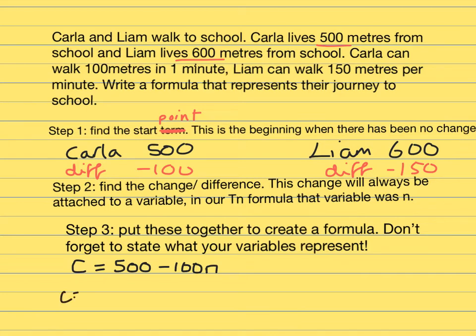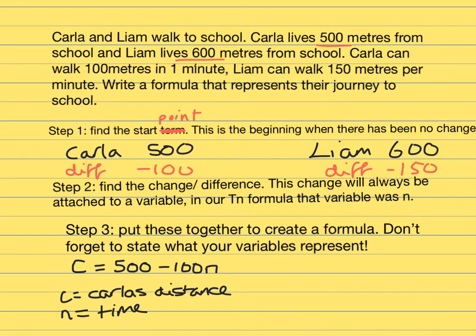So C is equal to Carla's distance. This is me stating what my variables represent, and n is equal to time. So you can see from that formula, if I put in 1 minute, I'll get 500 minus 100, which will give me 400, and I know from my previous table that's exactly where Carla was at that time.